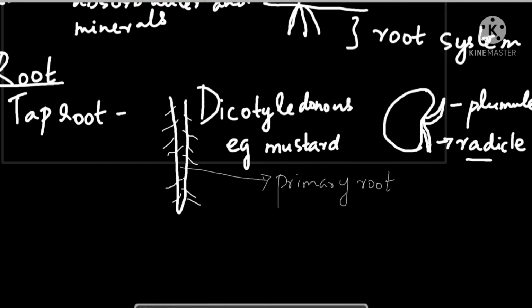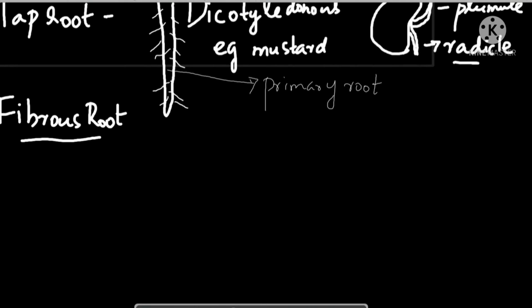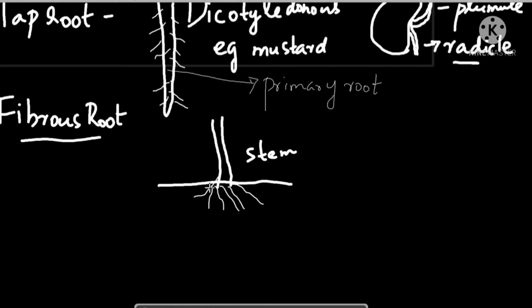The other type of root system is called fibrous root system. This can be seen in monocotyledonous plants. In fibrous root system, this is a stem. From the base of the stem, the roots arise, but not as a main root and lateral branches.